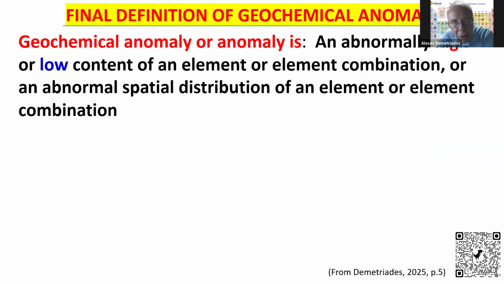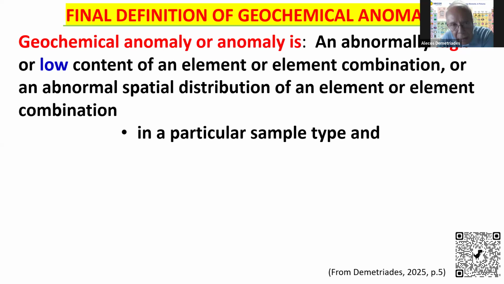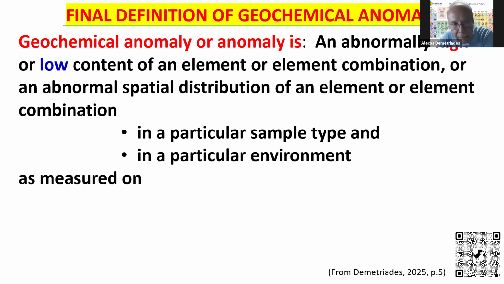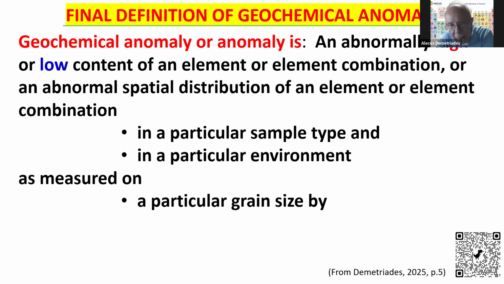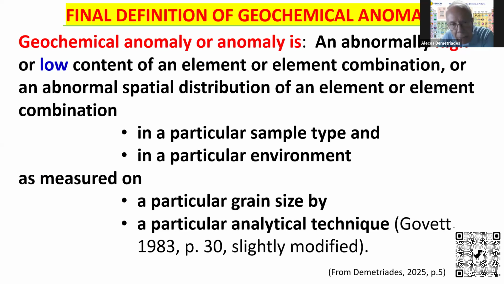So, geochemical anomaly or anomaly is an abnormally high or low content of an element or element combination, or an abnormal spatial distribution of an element or element combination in a particular sample type and in a particular environment as measured on a particular grain size, I stress that, by a particular analytical technique.